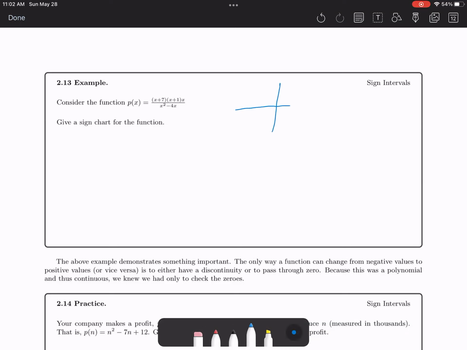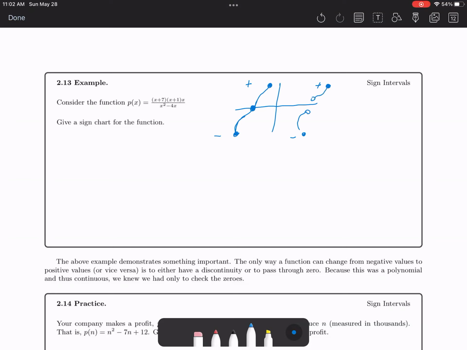The only way for a function to pass from down here to up here, right, from negative values to positive values, is to either pass through your x-axis and give yourself a 0, or it can experience a discontinuity, right?